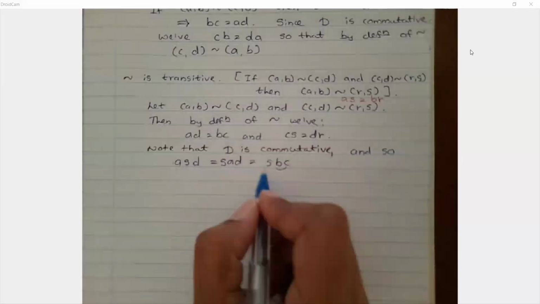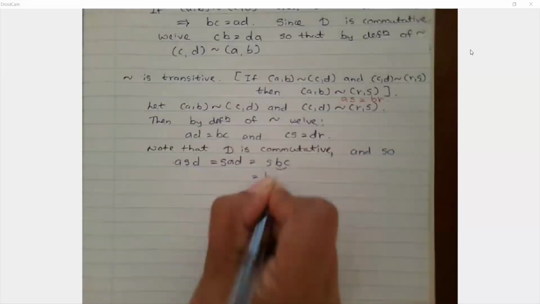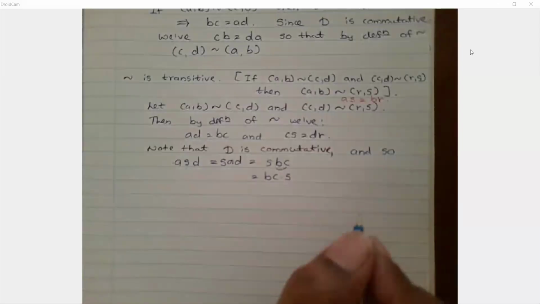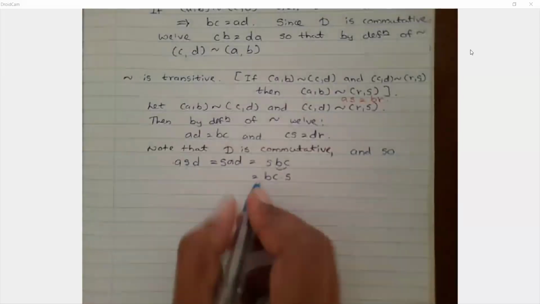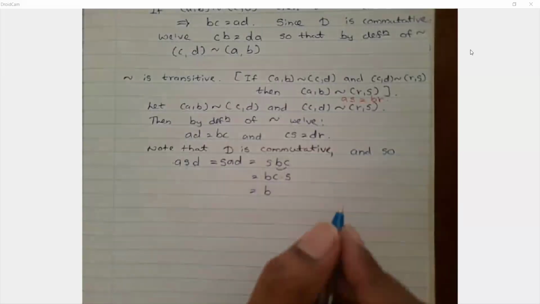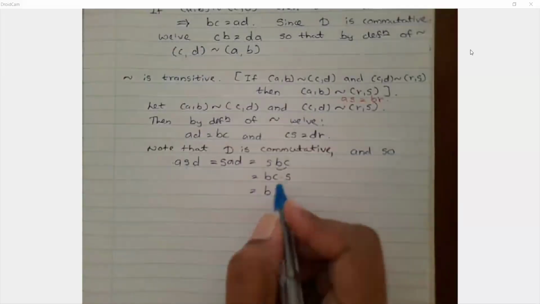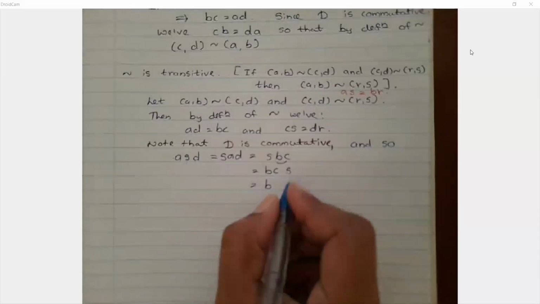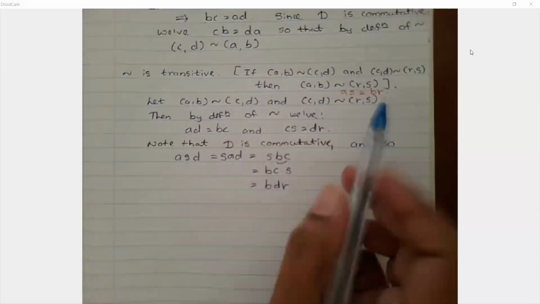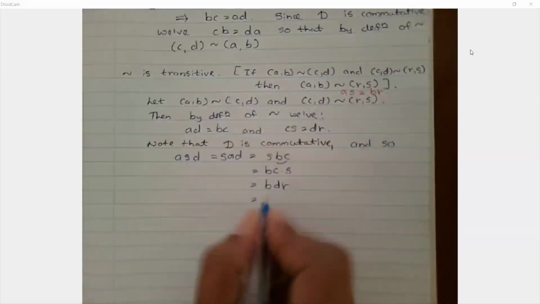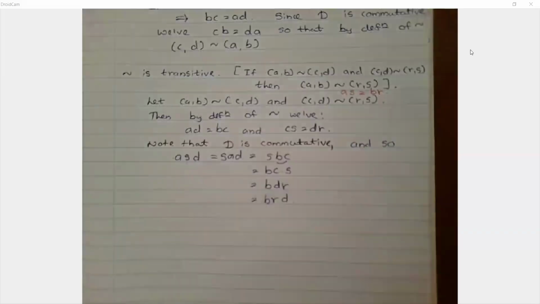We commute S with BC, and we get BC times S. We don't have to commute this further. Now in BCS, CS is equal to DR, so I'm going to replace CS by DR because we want to get BR. Now we commute D and R, the two elements. We have BR times D, right?